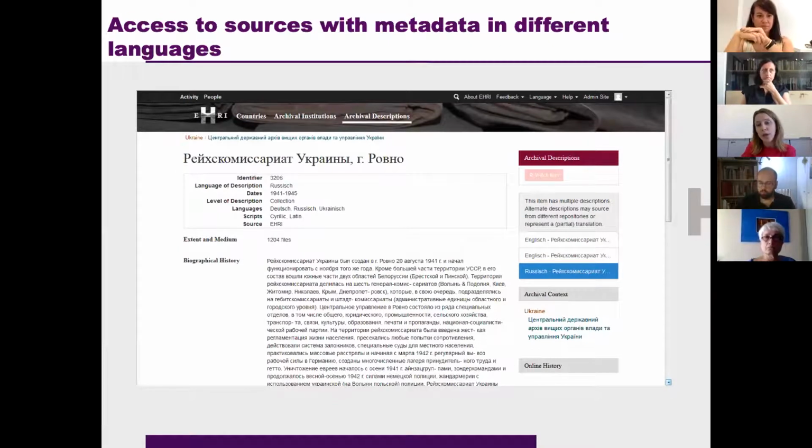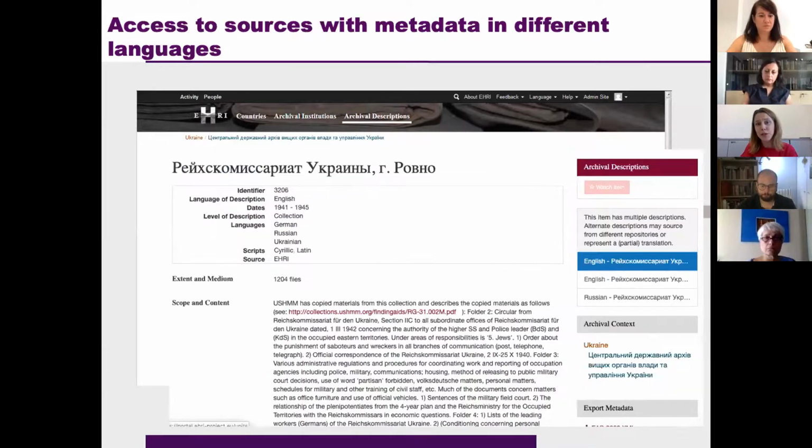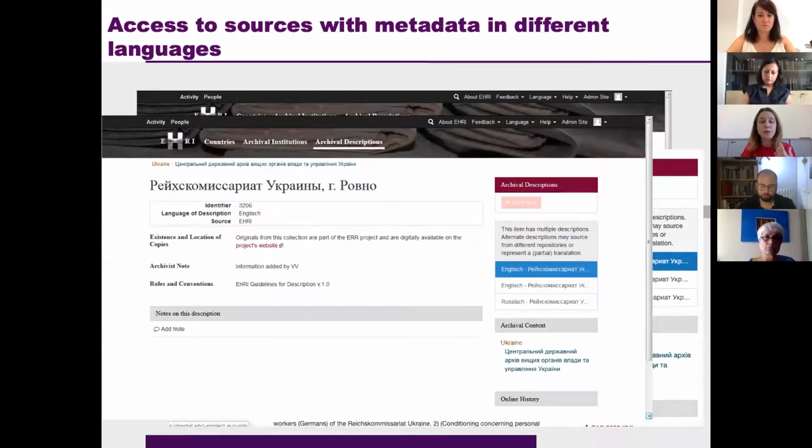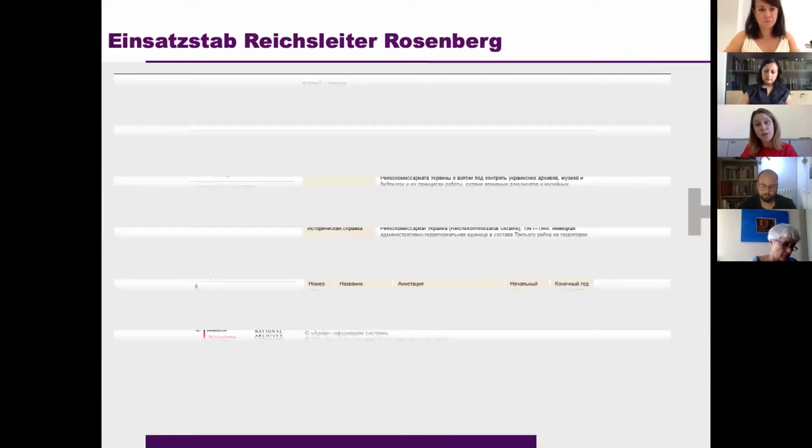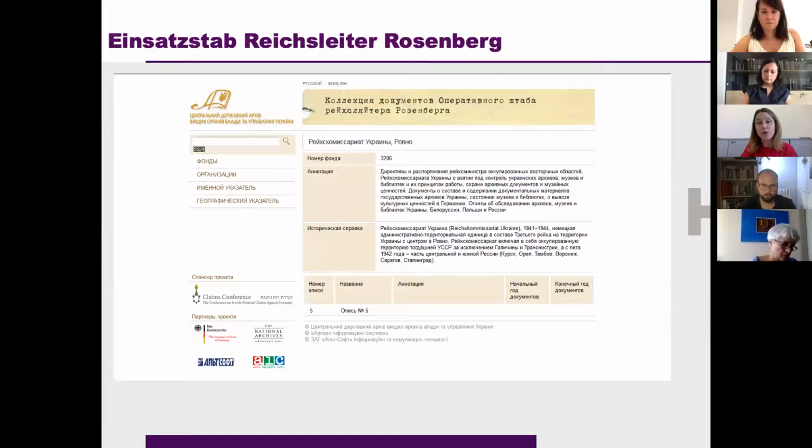And in that way, we are also trying to be really your route planner to where the digital material is available. In case of this Rovno archive, nicely described in Cyrillic, there is an English language description that provides you with the information on the sources, but there's also a digital project, again, nicely in Cyrillic characters, that gives you the information on and leads you to the digital scans.